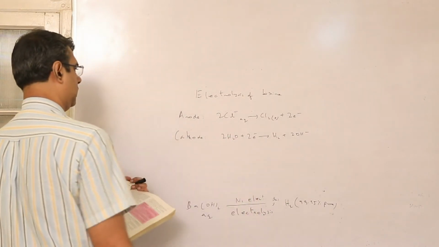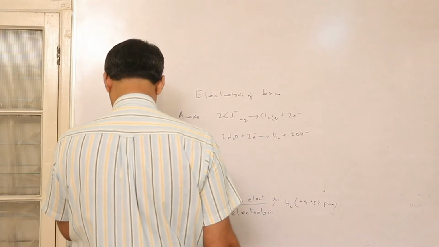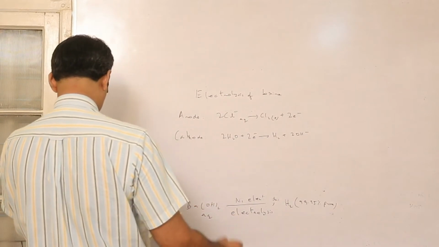At anode you will get chlorine gas and at cathode you will get hydrogen.